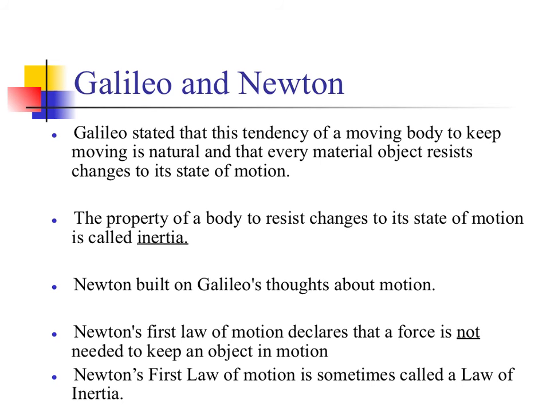You can think about inertia if you've ever driven with a load of bricks or a load of dirt in the back of a pickup, that the vehicle takes longer to stop because it has more inertia.